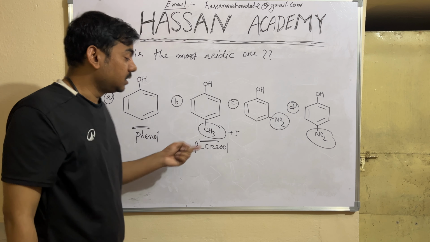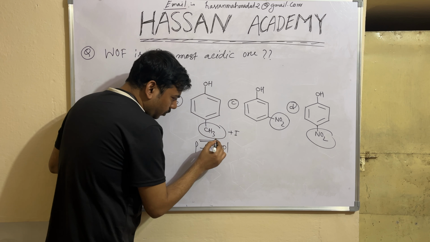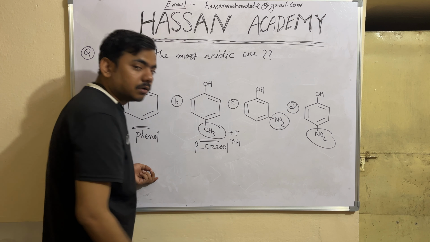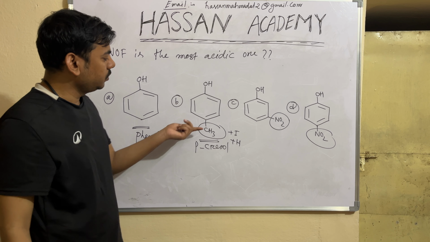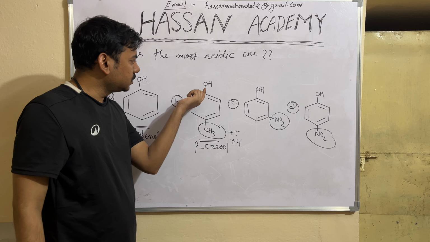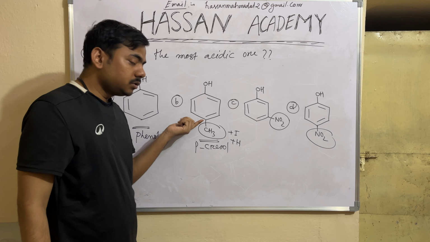But plus I is definitely there. This methyl can also show hyperconjugation, plus hyperconjugation, and due to that, the electron cloud will go upwards towards this oxygen, which we don't want.